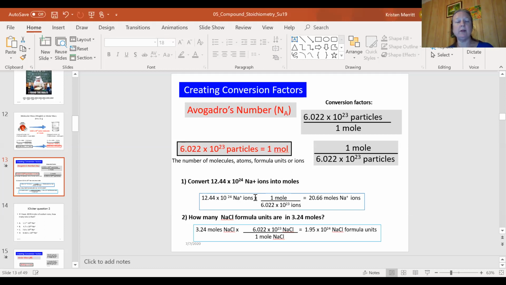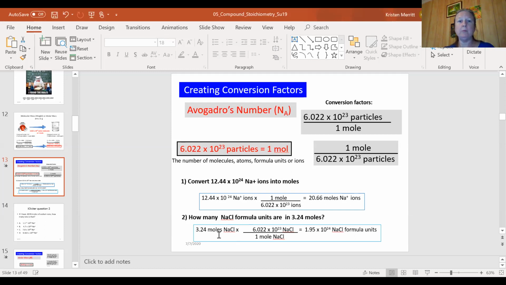You cross out, in this case, ions. You say, I want moles, so you cross out what you don't want, which is ions, and you make the relationship for moles using Avogadro's number, and you can get the number of sodium ions in moles.